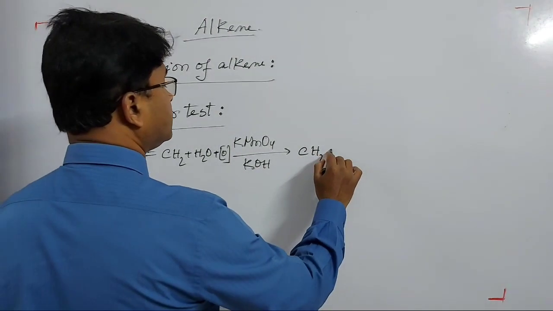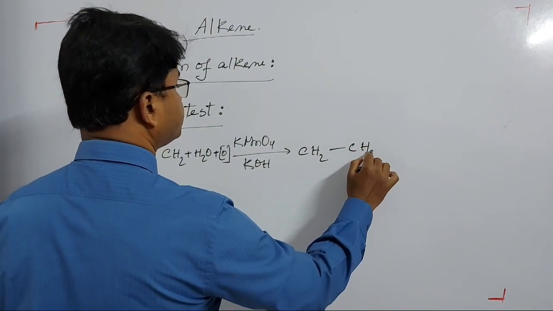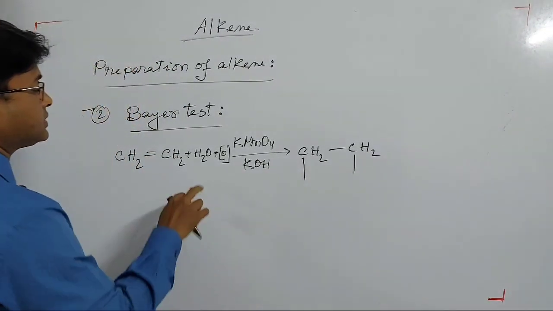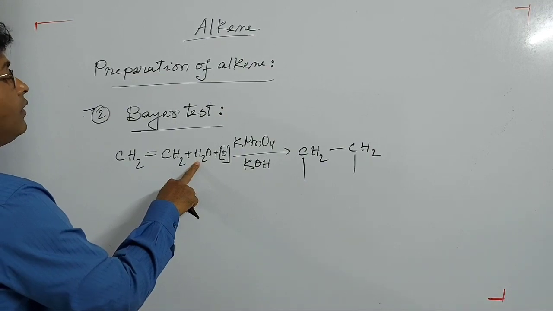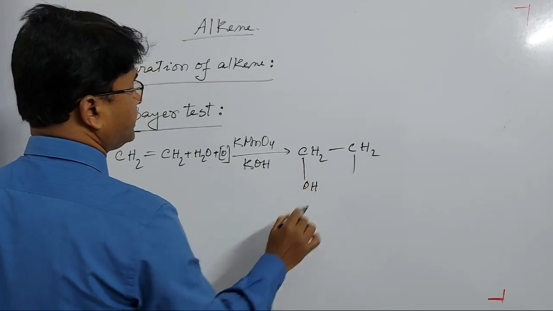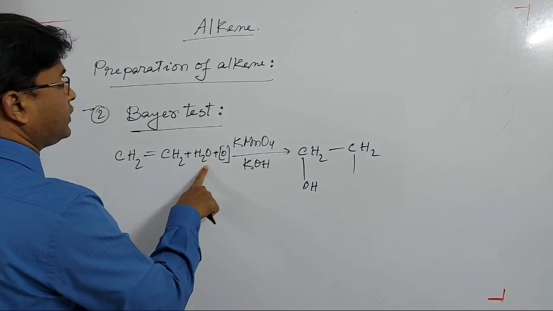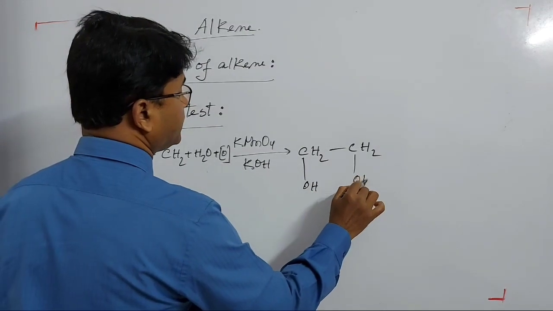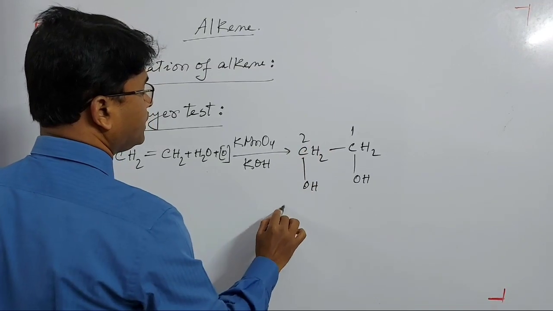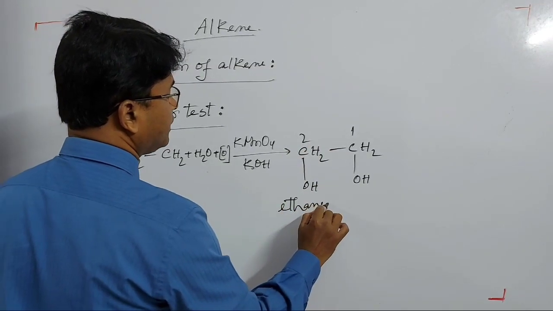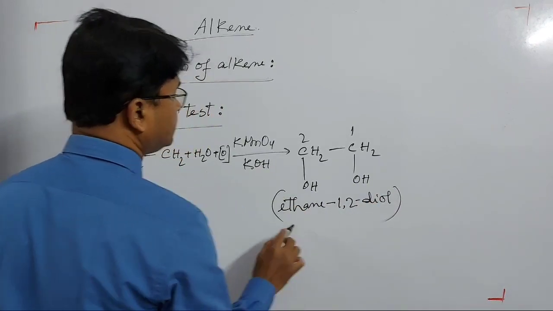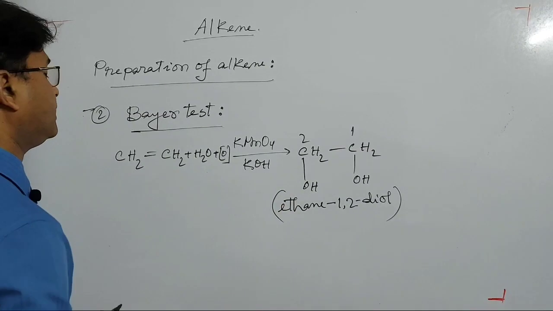So here the product will be: one bond is broken to form two new bonds, and one hydrogen atom from water and the nascent oxygen will form OH, and the remaining OH of water will combine with the other carbon. So the name of this compound is ethane-1,2-diol. This is the formula of ethane-1,2-diol.